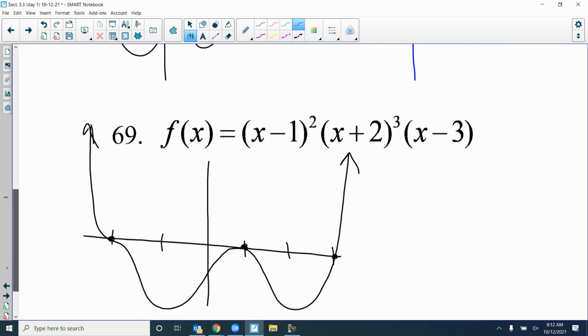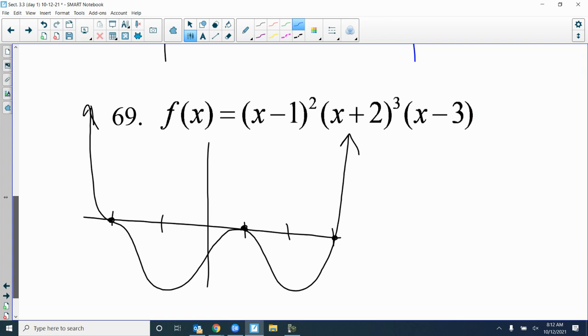And then 69, we have a bend, multiplicity of 3 through here. We have a bounce at 1, and we go straight through 3. So it should look like that. Make sure you have a clear bend. Like I said, you come down to the left of the point, then go through the point on the x-axis and then come back down.